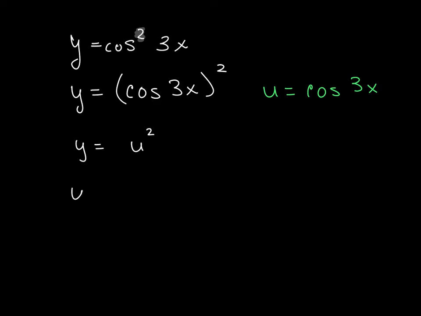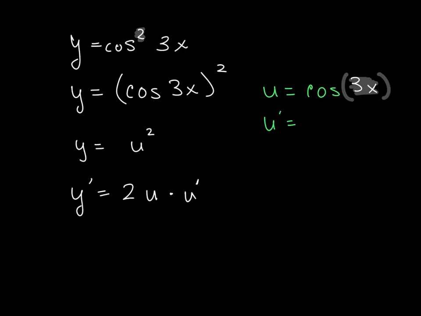So what is the derivative with respect to u? That just becomes 2u times u prime. Well, let's find u prime. U prime is equal to, now look what we have here. I also, again, have another u inside here.